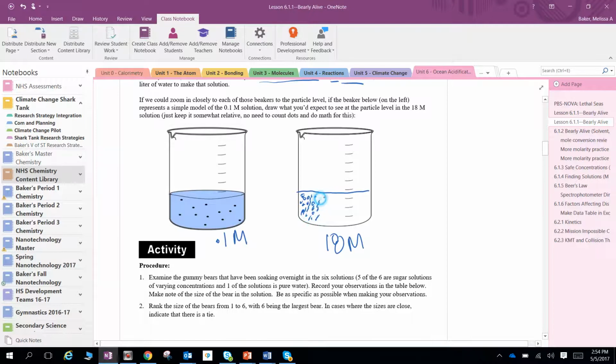So I'm just going to draw a lot of dots. Technically, I could do the math here, but it says don't do it. I could count on the left side that there's 12 dots, and this is 180 times more concentrated. So I'd have to do 180 times 12 and draw that many dots. So the point is there's a lot more solute packed in there.